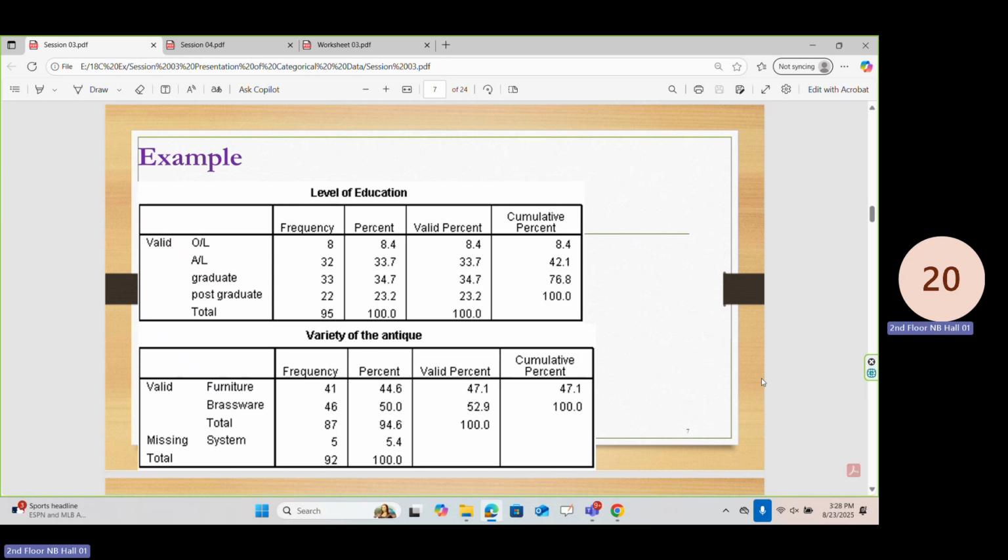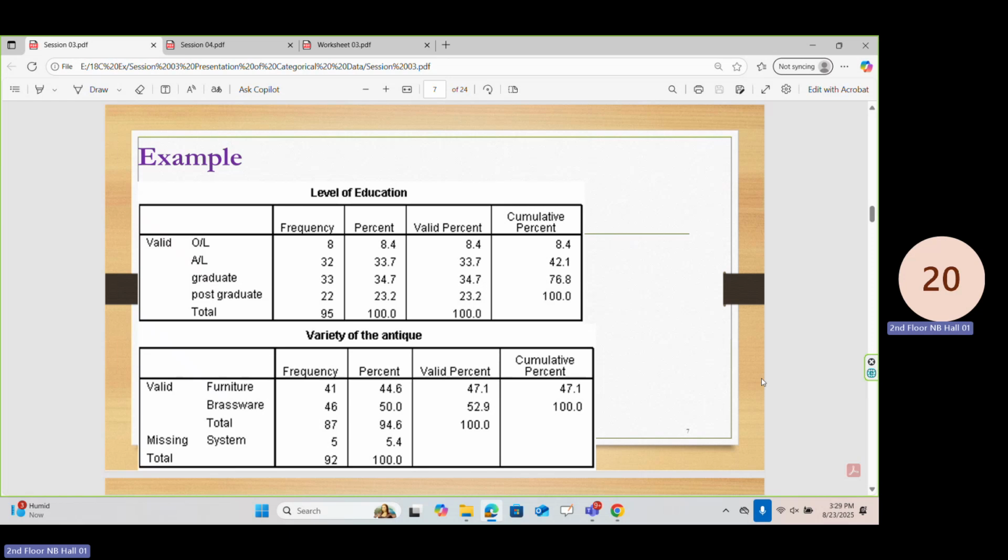Looking at the first table, the first example, tell me what is the categorical variable here? Levels of education. The first frequency table represents levels of education.